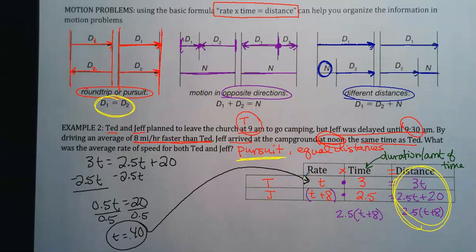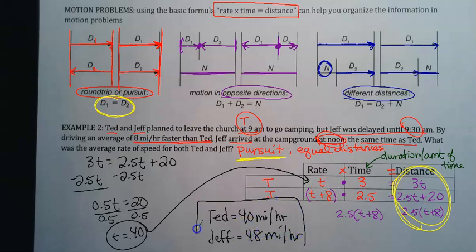So we know Ted's rate went 40 miles per hour. And then we know that Jeff, because he's Ted's rate plus 8, went 48 miles per hour. And there is our answer.